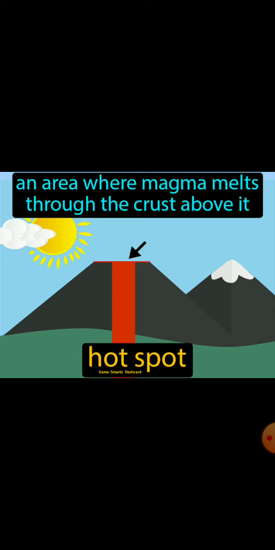So, due to geological changes, molten rocks, which are in a melted state, are formed in the deeper hot regions of Earth's crust, and they are pushed upwards and trapped in certain regions which are called hot spots.